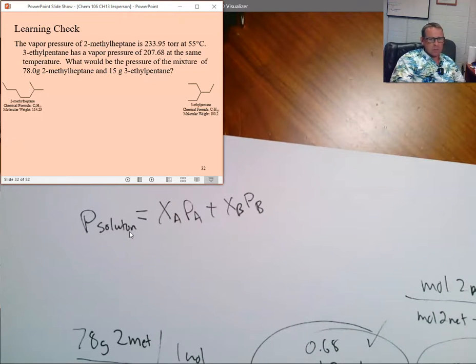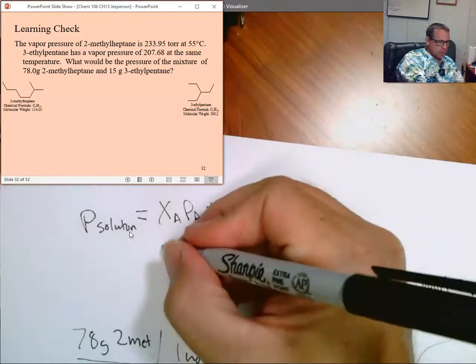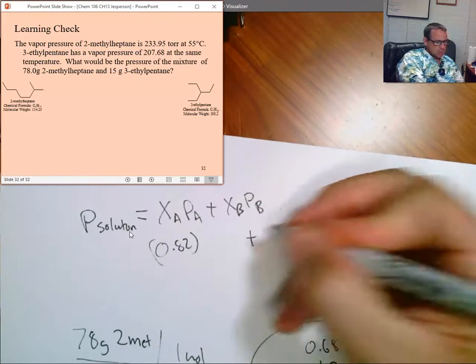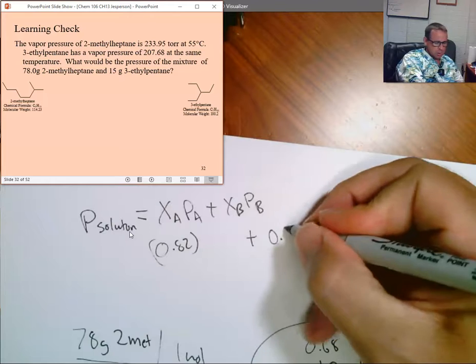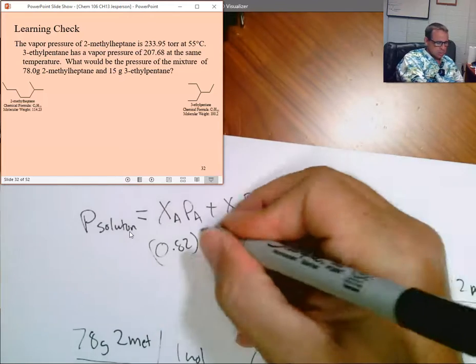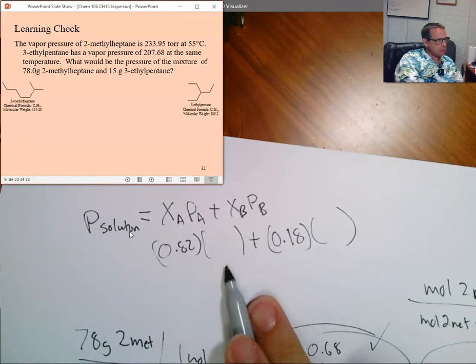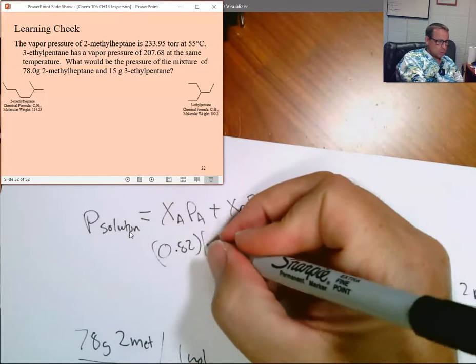So mole fraction of, let's say our first one, 0.82, plus the mole fraction of the second one, 0.18. What value do I put here, Landon? Is it 233.954? Uh-huh.